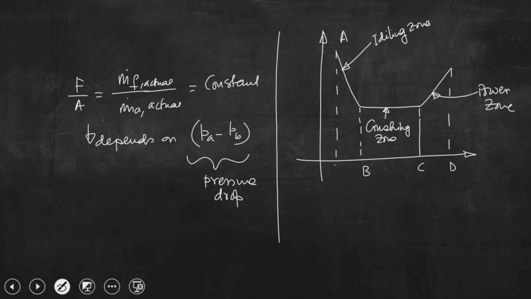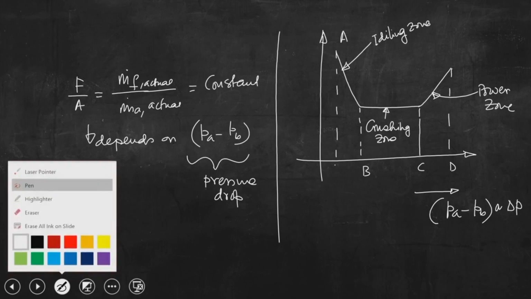And if we write it, so this is now P A minus P B, delta P. So, the higher the delta P, basically in the cruising zone we need to supply a higher throttle opening area, that means we need to have a higher delta P.